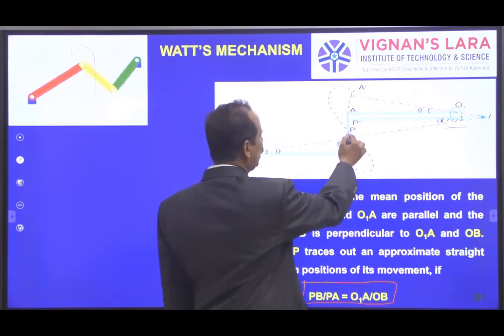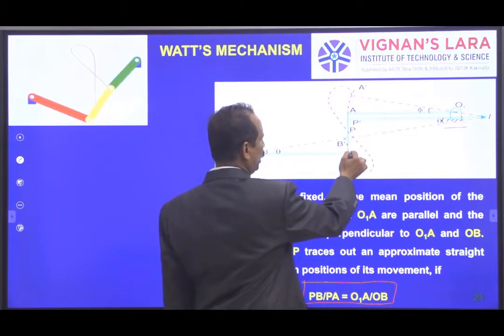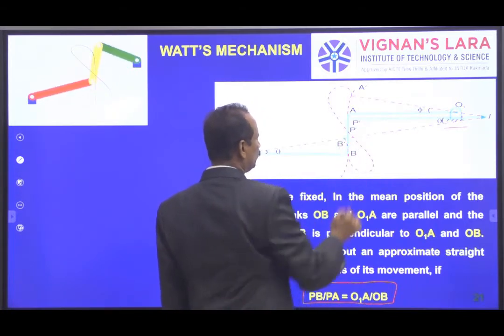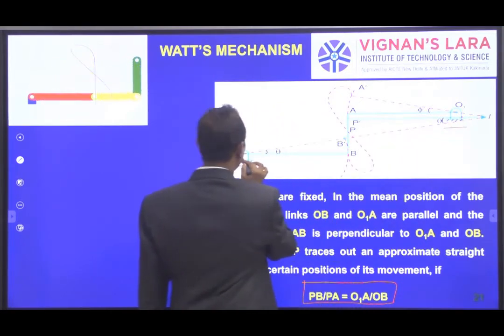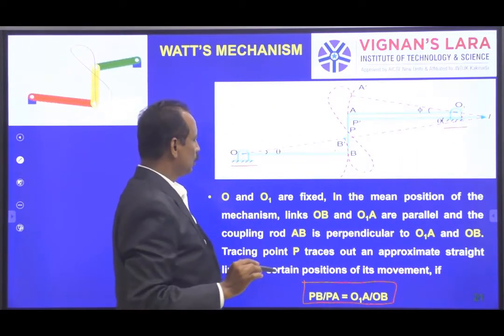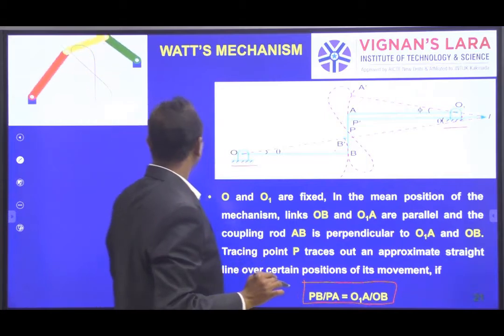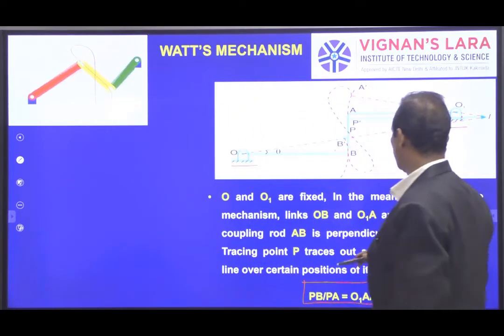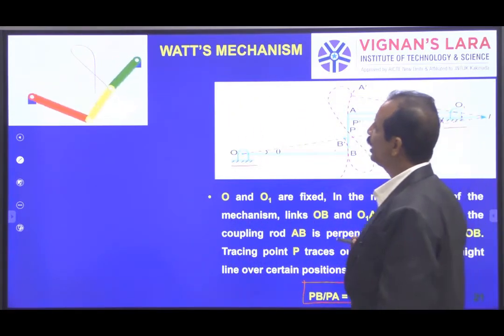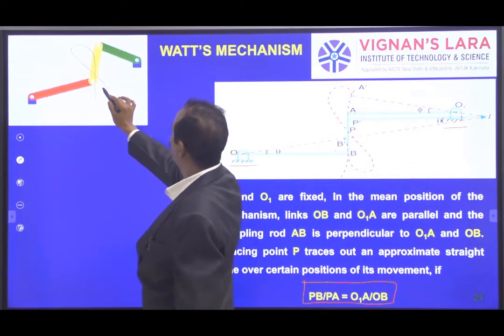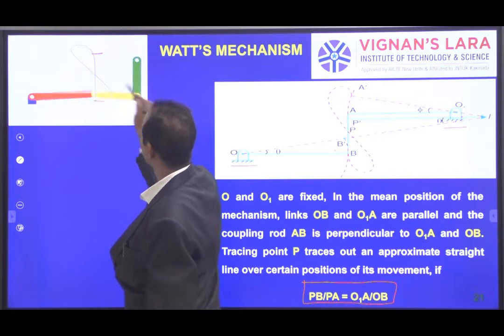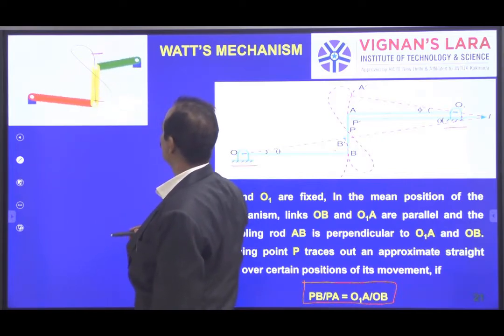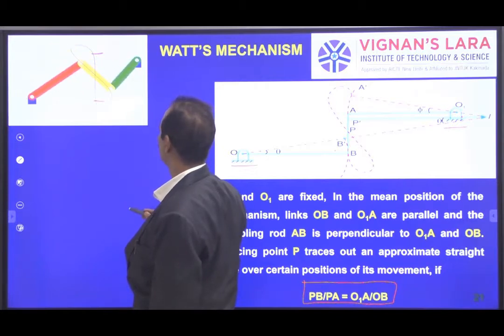You can see it is not for the entire movement, but for small angular movements.